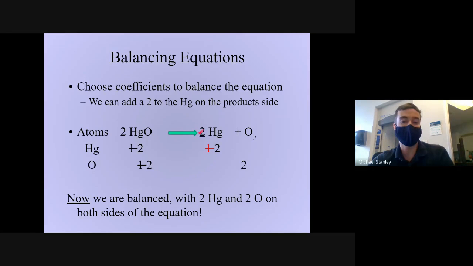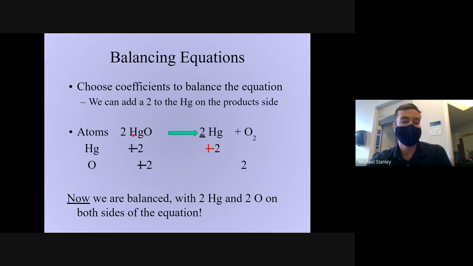If I just add a 2 Hg over here, now I have 2 Hg's on my reactant side and 2 Hg's on my product side. So this is looking good. We may have made it to a balanced equation. Let's double check. So the first thing we'll check is the number of Hg's.